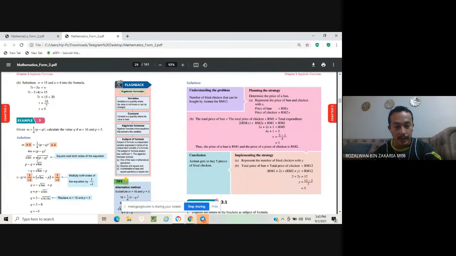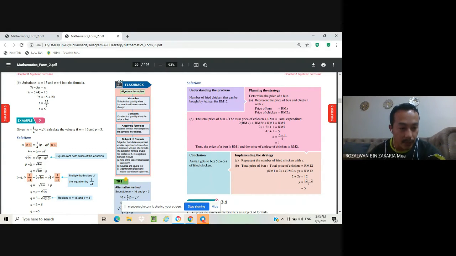Alright, square root both sides of the equation. So this one will equal P minus Q, because the power of 2 already cancels with the square root. So P minus Q equals the square root of 4m. Square root 4m. Okay, alright.